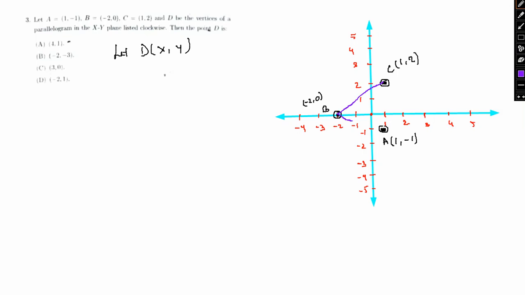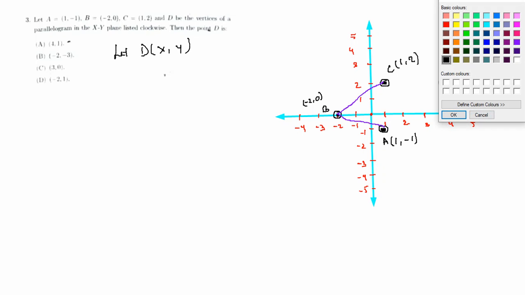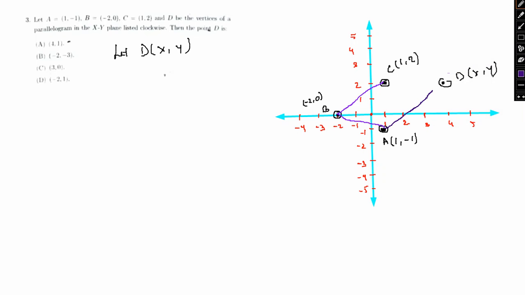A and B will be joined, and D will be somewhere around here in this portion. We don't know the position of D as of yet, so let this particular point be D (x, y). So say this is my parallelogram ABCD.